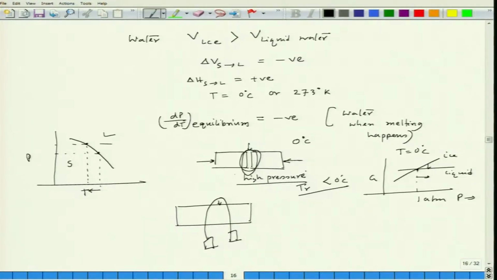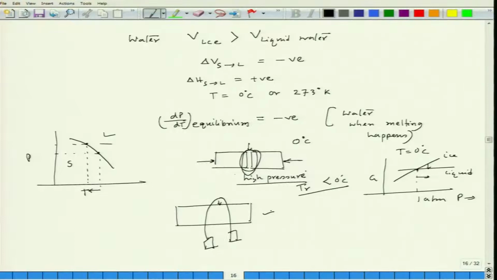As it goes deeper, the top part is again relieved of pressure, the melting point goes back to 0 degree Celsius, and it solidifies, because the local temperature is already lower than 0 degree Celsius. So, this way the ice block can be connected, and this funny experiment can be done. So, this is the effect of pressure on a condensed system.